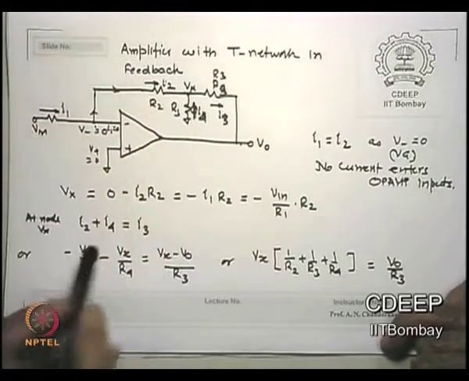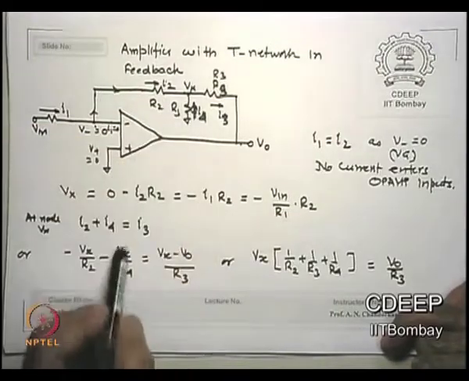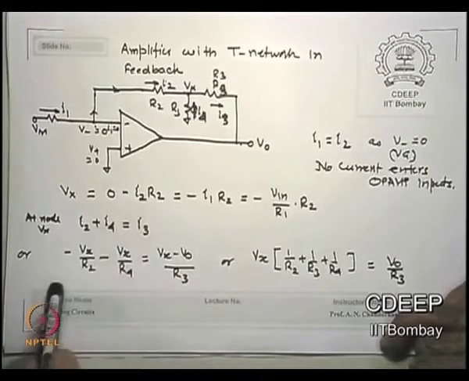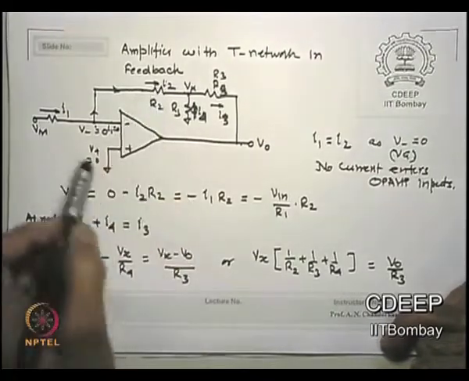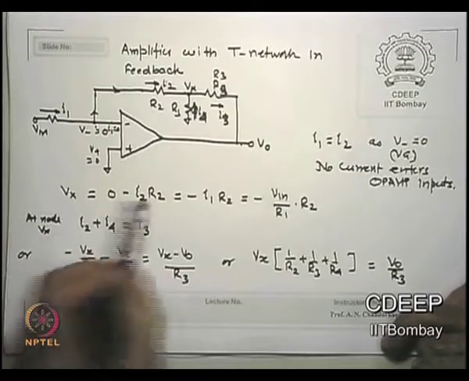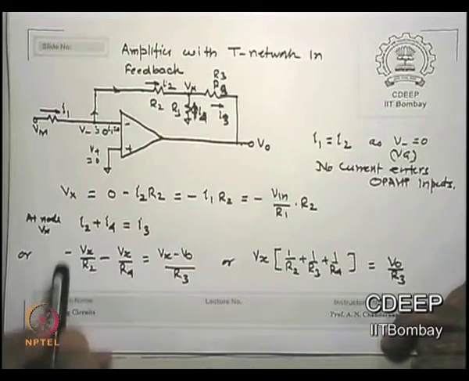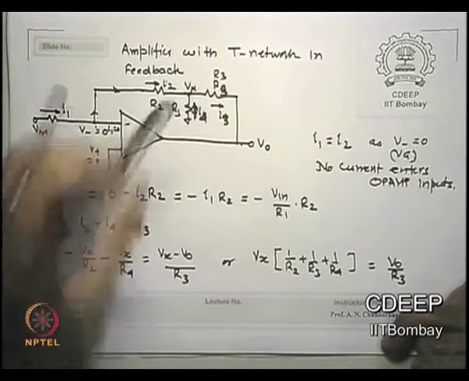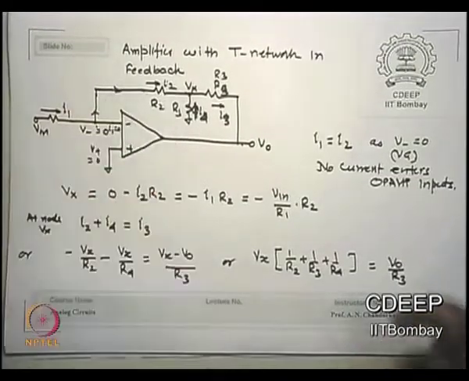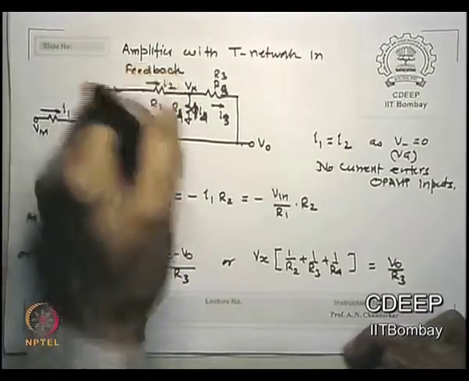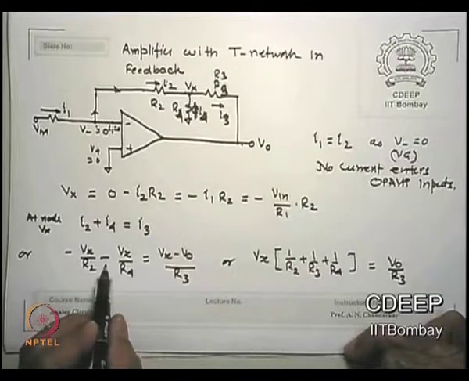So I say I2 plus I4 is I3, but how much is I2? I just now calculated it. How much is I2? Vx by R2. Is that correct? How much is I4? The resistance number is 4, yes sorry, I have taken the sign this way but I have taken minus. Is that okay?